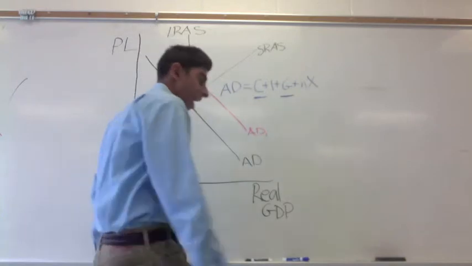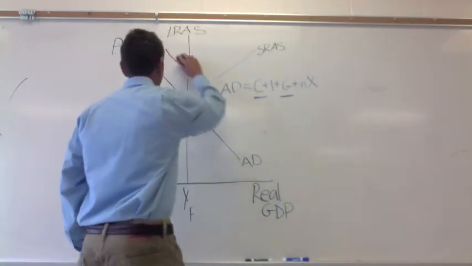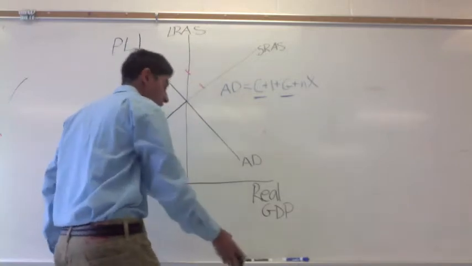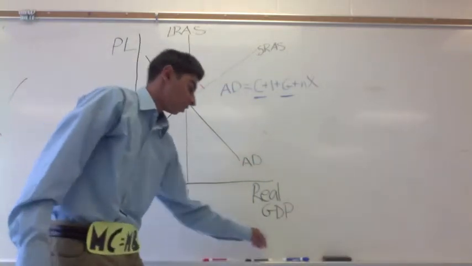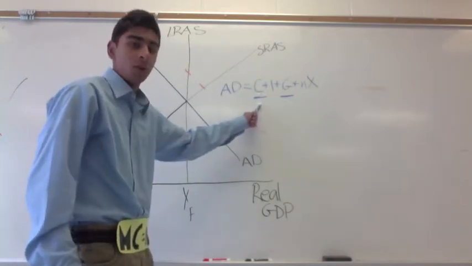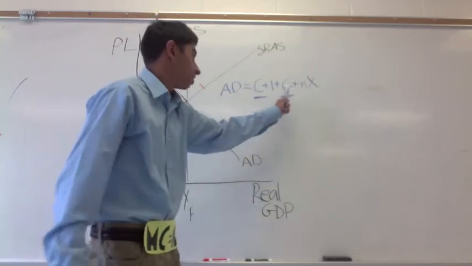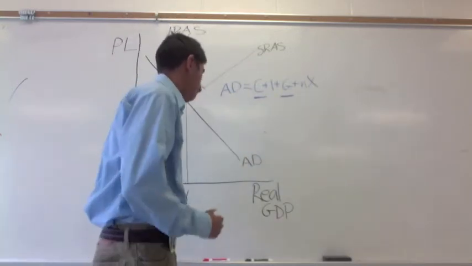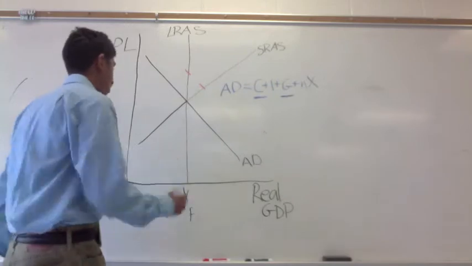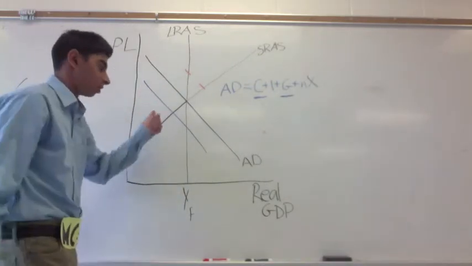Now, what happens when the government decides that it's going to decrease spending or that it's going to increase taxes? Well, consumer spending will go down because there's more taxes, they don't have any money. G will go down because they're decreasing spending, and that can shift aggregate demand down here to the left.